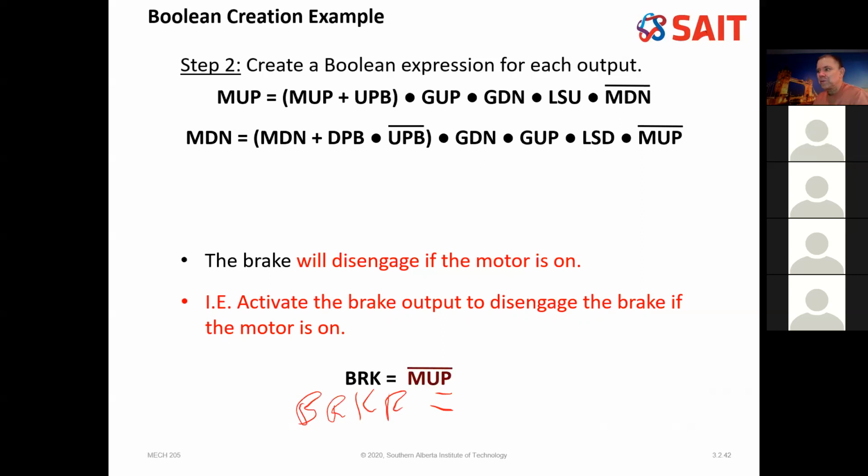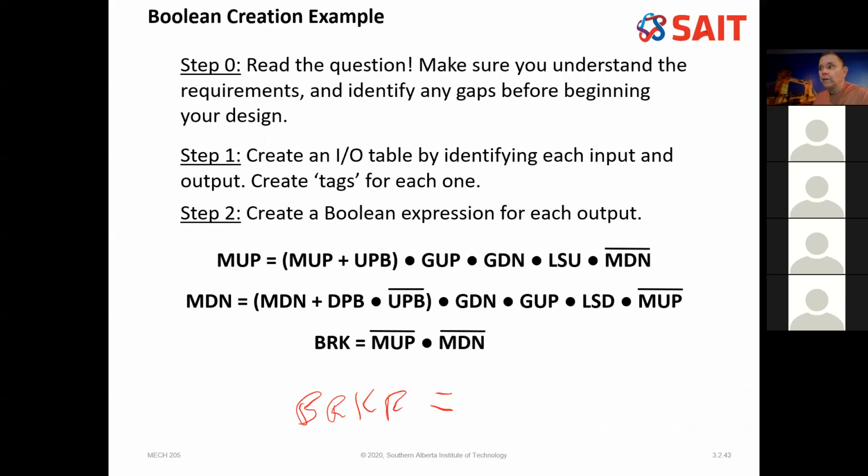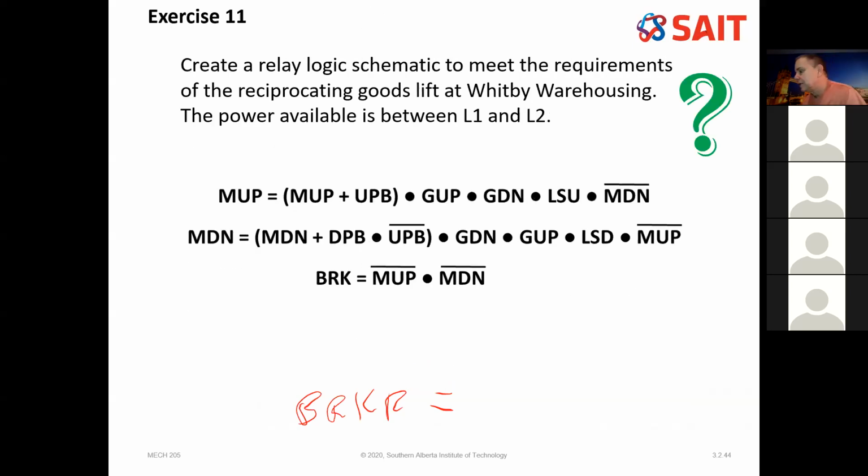Brake release equals not motor up and not motor down, right? So if motor up is not going and motor down is not going, brake it, right? Or the other way you could say this is, brake equals not (motor up or motor down).